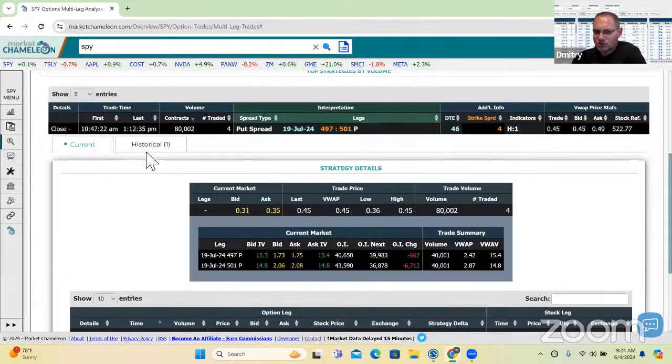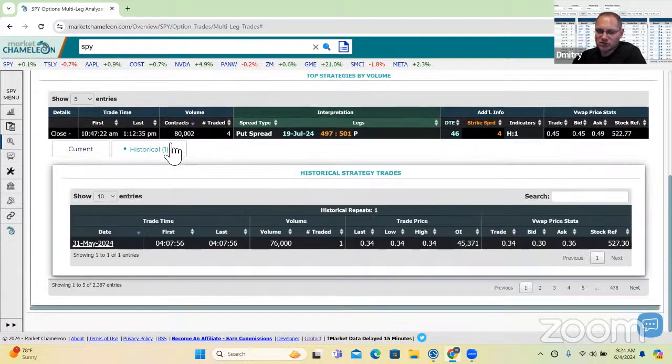One more thing here, we see that there was another instance historically that it traded at least one time. So if we click over here, we see on May 31st, this is a historical date, at 4:07:56, so after 4 o'clock, 76,000 contracts traded on this spread.